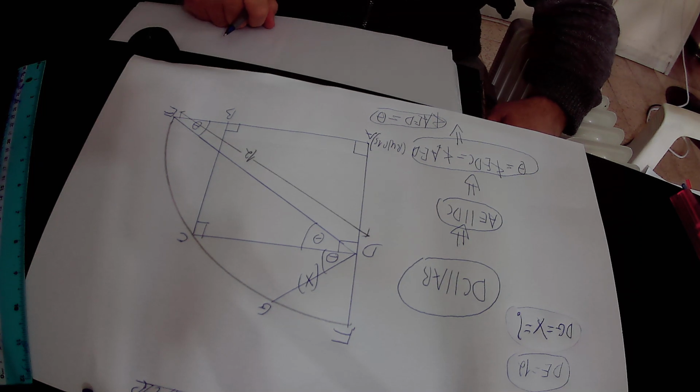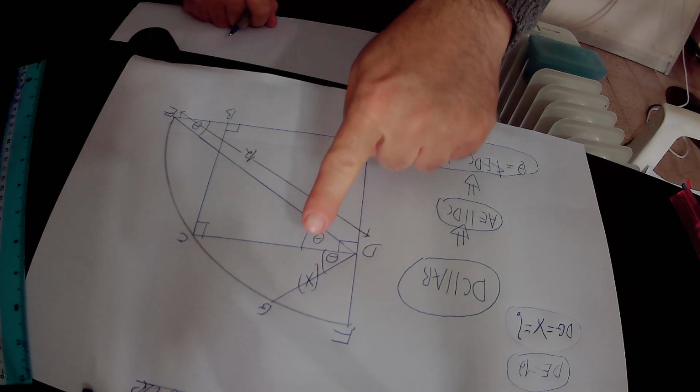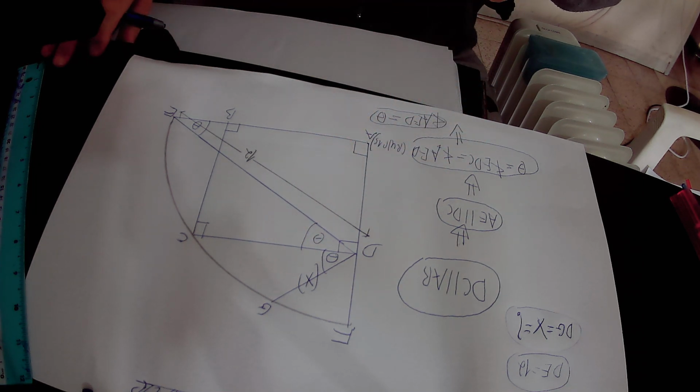Okay. So in the next step, we'll do a construction. That is to say, from point G, we'll do perpendicular on AB.